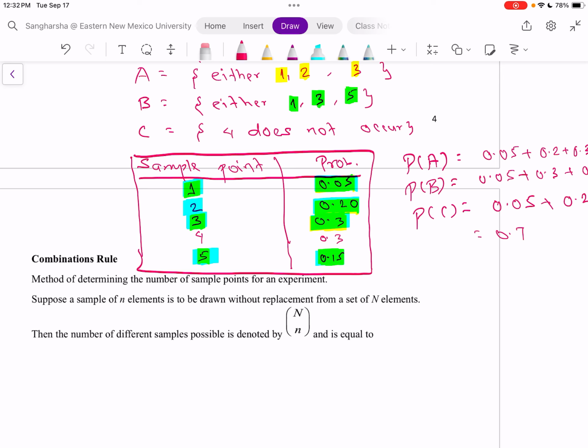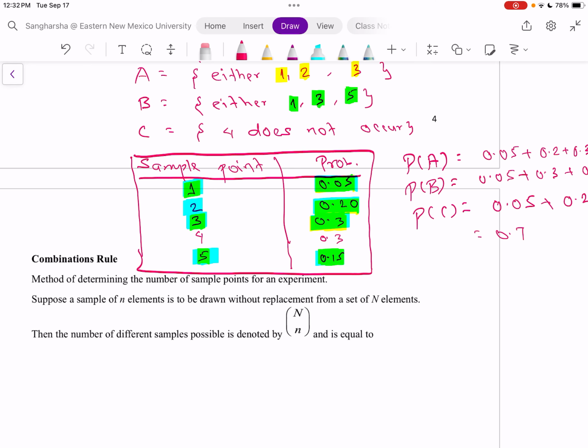For example, I can pick these 3 students as one group, these 3 as a second group, or those 2 and her. How many ways can we have that group? Is it still going to be 5 or more than 5? It's going to be more than 5, right?